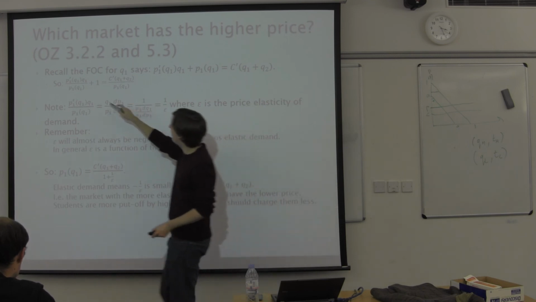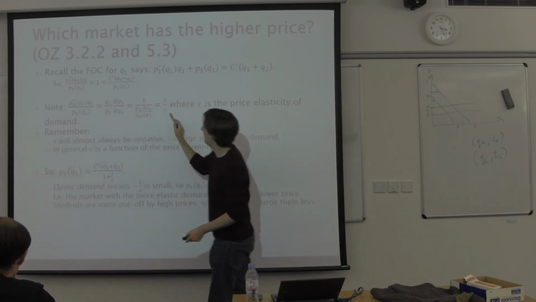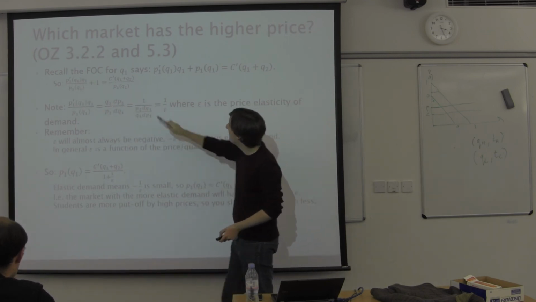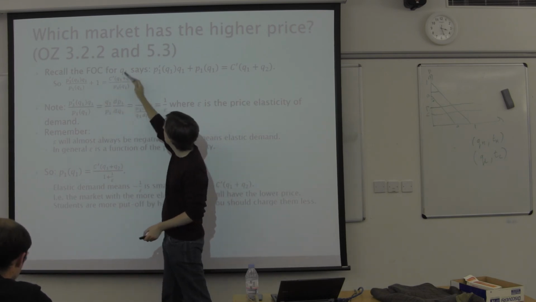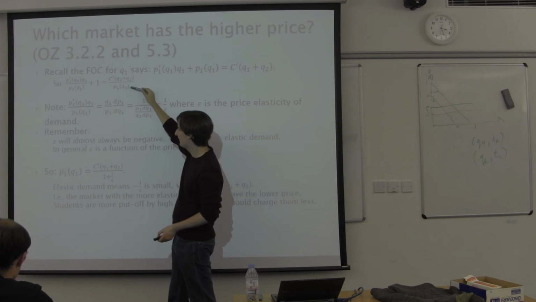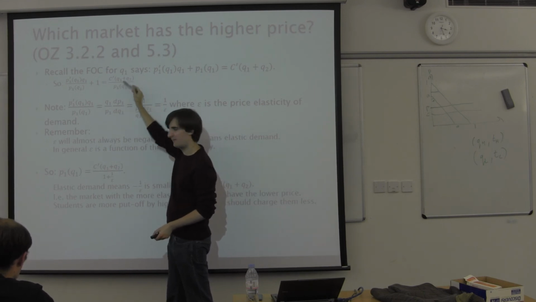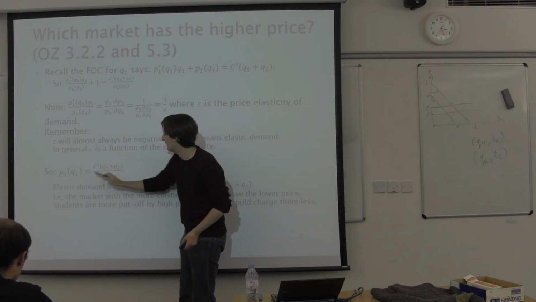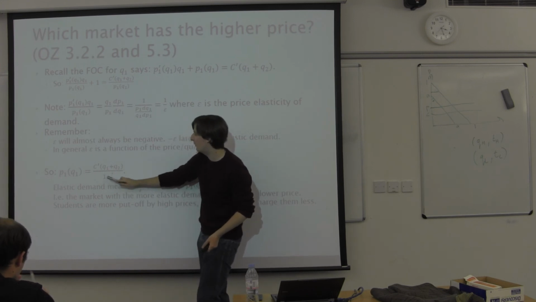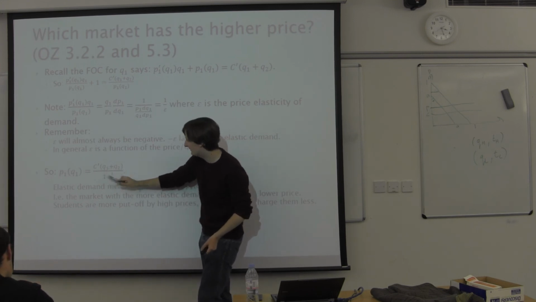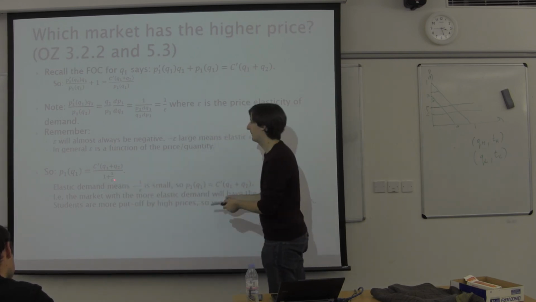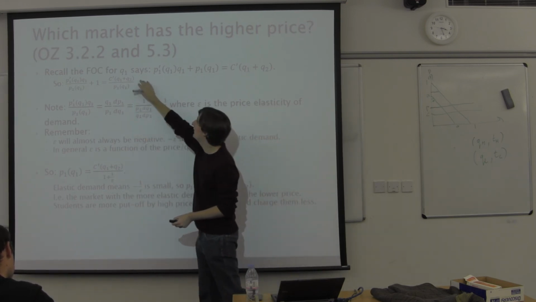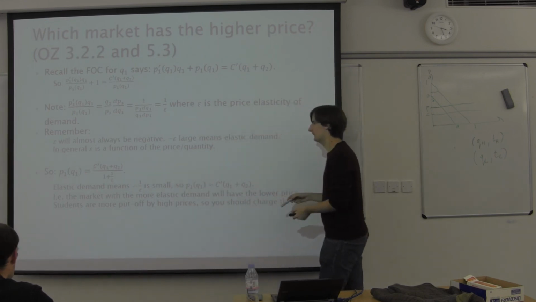So if this thing is equal to 1 over epsilon, we can rewrite this expression as 1 over epsilon plus 1 is equal to marginal cost divided by price. Just rearranging that, it's easy to get price as marginal cost divided by 1 plus 1 over epsilon. That's just a trivial rearrangement.